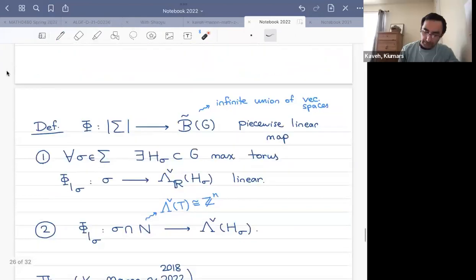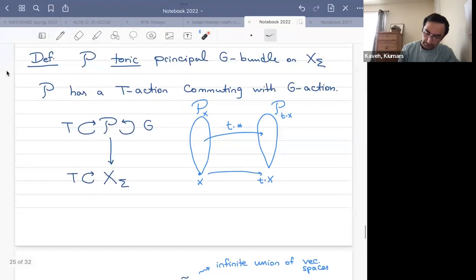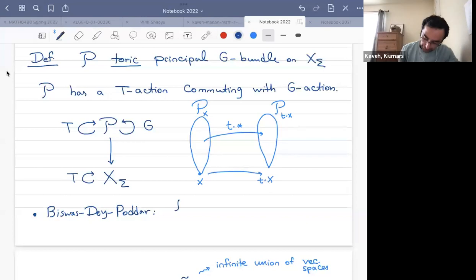And then I have to mention a key result, an important result. P, a toric principal bundle over an affine toric variety U sigma, is T equivariantly trivial.